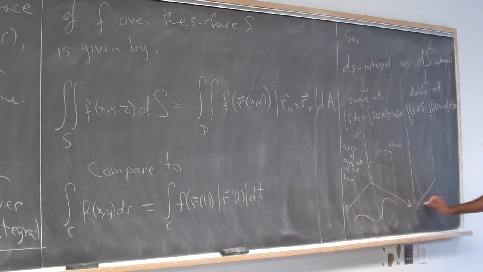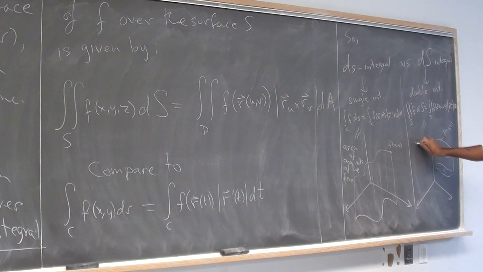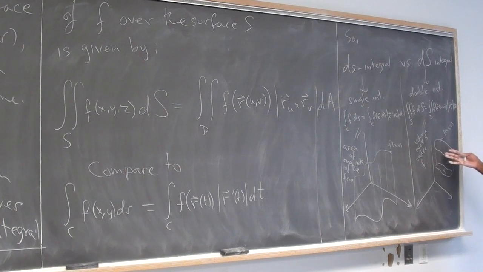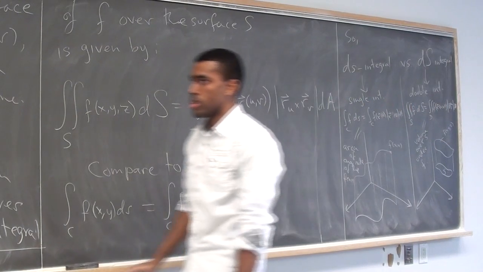This guy, if you're in 3 space, this is going to give you some function of x, y, z, and here's your surface S, also an arbitrary surface, and it actually gives you the volume over S under the f. Right? So that's the concrete interpretation. Of course, we never really use this interpretation for the single integral, so we're never really going to use this for the double integral, but that's really what the number gives you. Of course, we're going to apply it to other contexts.